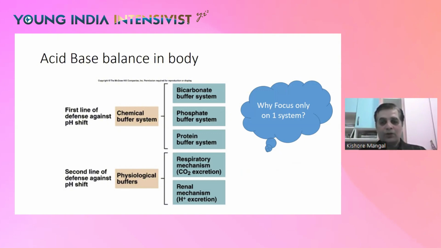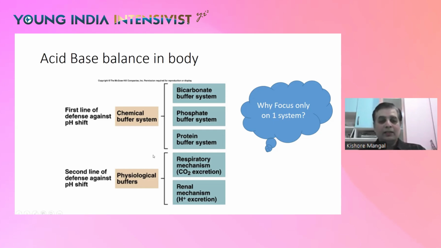So it is understandable to ask why we should focus only on one system of bicarbonate. We need to incorporate phosphate and protein buffer systems into the analysis of ABG. Although whenever compensation has to happen, bicarbonate is the quickest one, that doesn't mean that the protein and phosphate do not change at all.